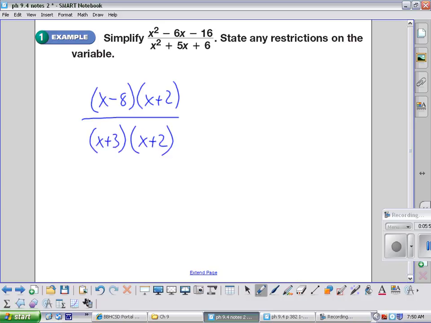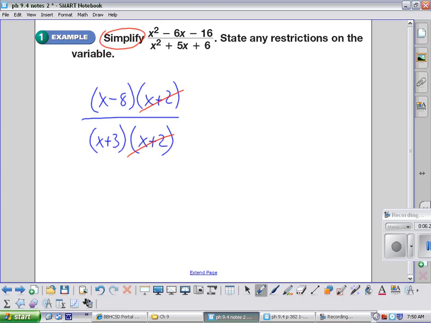Okay? Now, I've got whole pieces here of x plus 2 and x plus 2. I can cancel there. That's perfectly permissible. And that's what the simplification is actually asking you to do. Okay? So my final answer is x minus 8 over x plus 3.